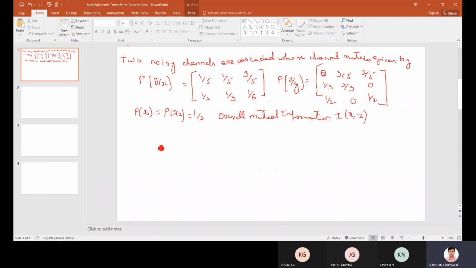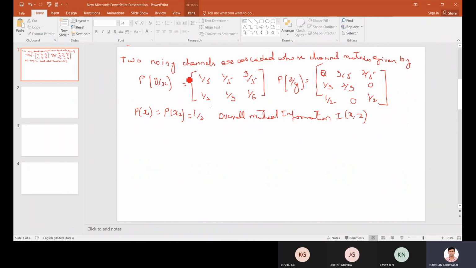Now we need to draw the channel diagram by using these two matrices.